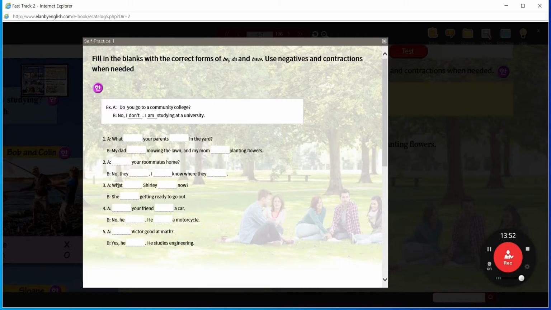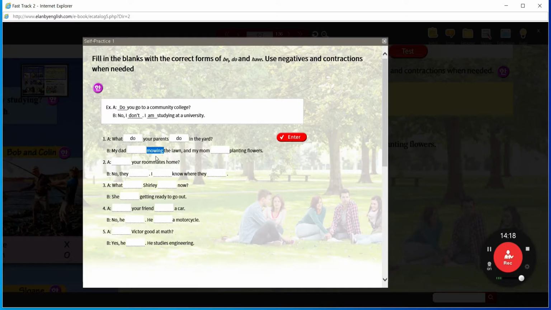Now number 1 and number 3 are kind of similar, so we'll try these. Number 1, what blank your parents blank in the yard? Now it's possible you could write what do your parents do in the yard. That's talking about a regular basis. We know from the answer that they're not talking about a general activity.